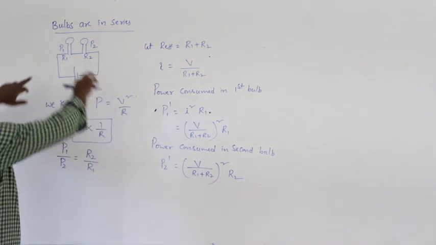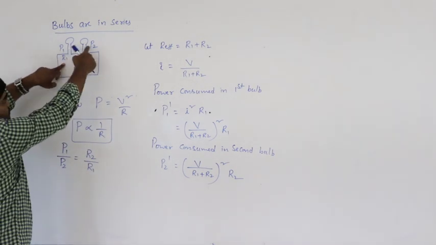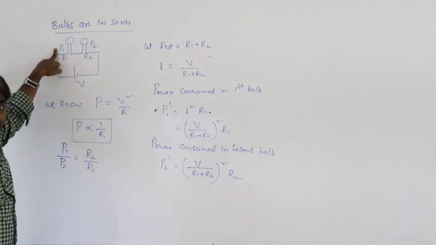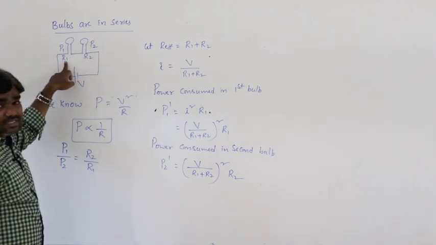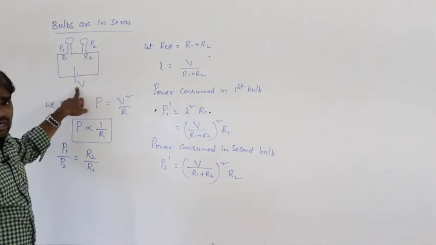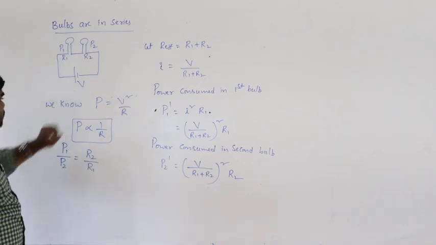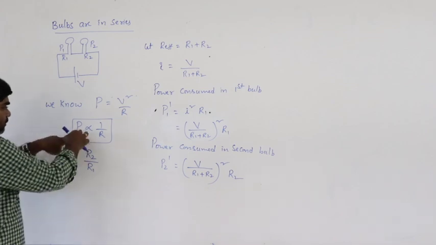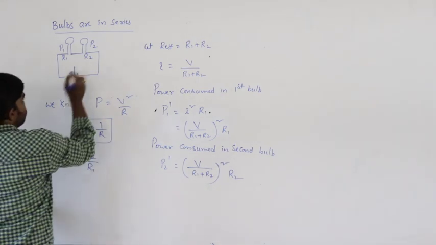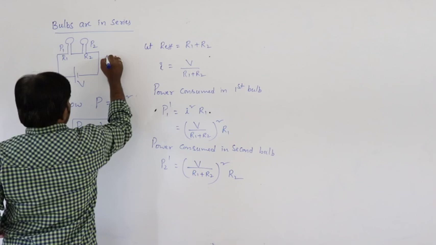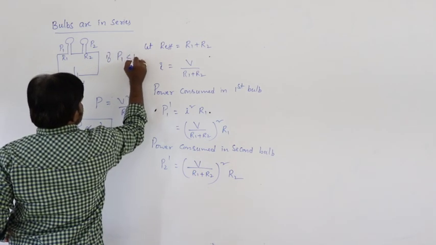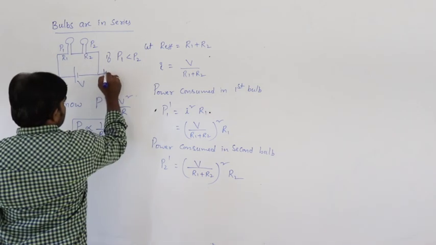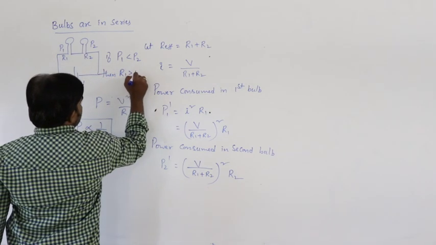So actually this is a series combination. Two bulbs having power ratings P1 and P2, whose resistances are R1 and R2, are connected to the external potential V. The general formula is power consumed P equals V square by R, so P is inversely proportional to R. For example, if P1 is less than P2, then R1 must be greater than R2.